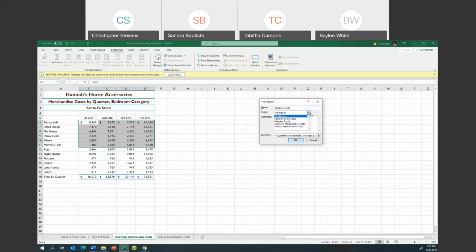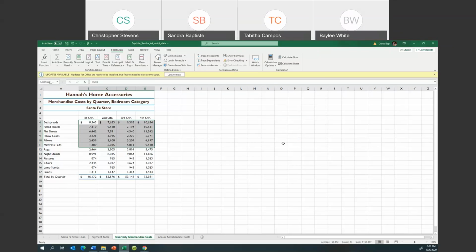That's very important to know. Whenever you name something, you need to decide: do you want it to only be named that on this sheet or to use that for the entire workbook? All right, so you can click OK with workbook selected.